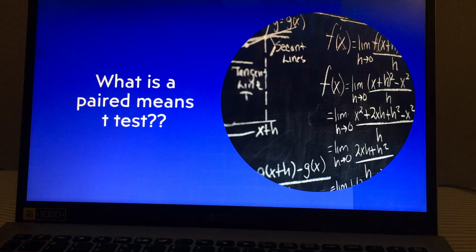So again, a repeated measures design in which each participant is measured with respect to the same outcome variable in both experimental conditions is not suited for analysis using the independent samples t-test.